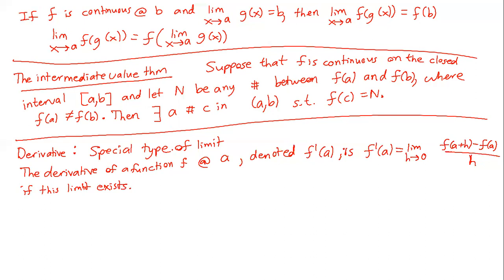Note that because limits don't always exist, derivatives can also fail to exist if this limit does not exist. So a function may not necessarily be differentiable at every point.